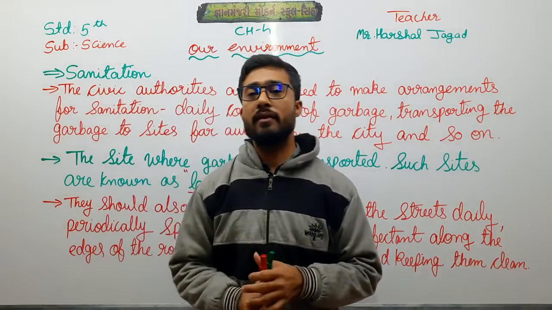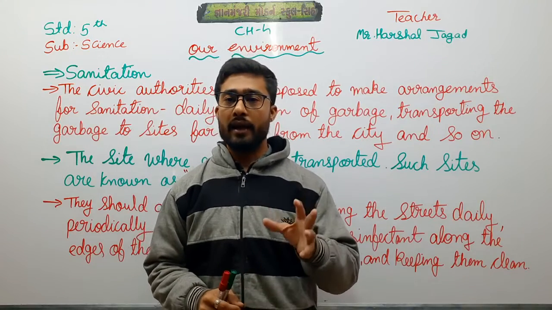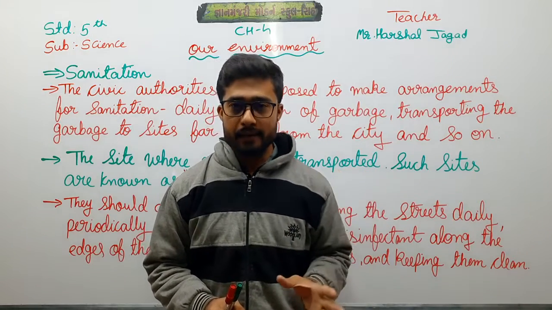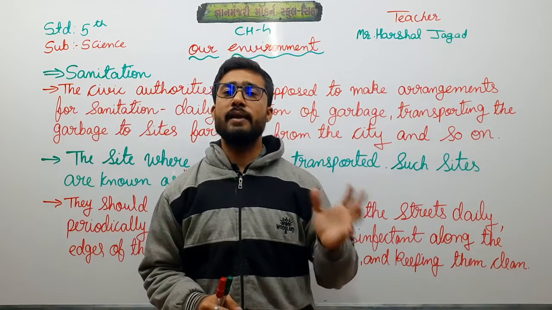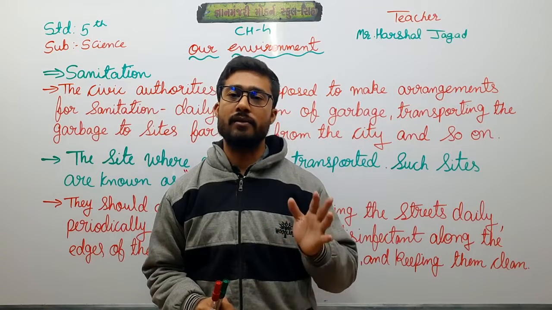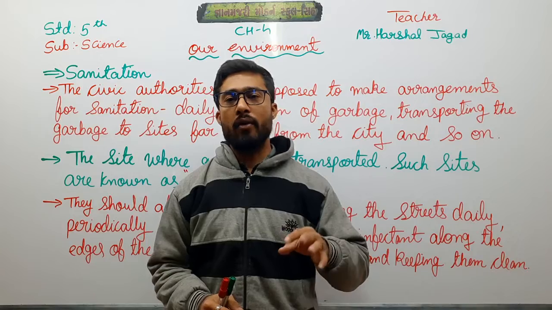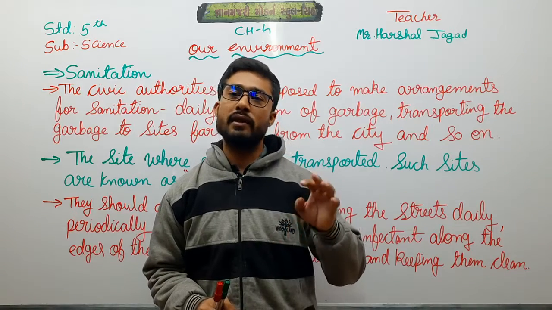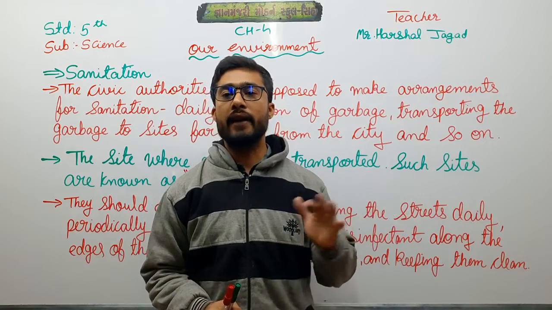We have seen public toilets in many places, built by the civic authorities like nagarpalikas, mahanagarpalikas, municipal corporation, and all that. They don't just have to build them, they have to keep them clean regularly.